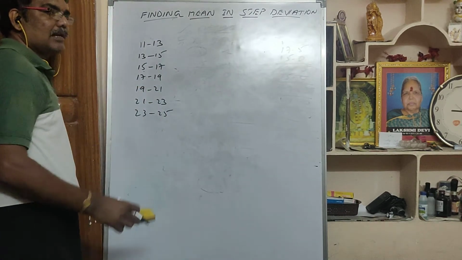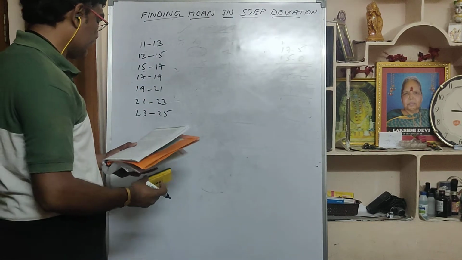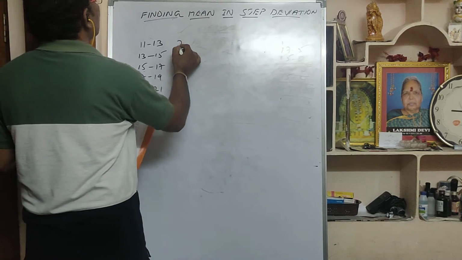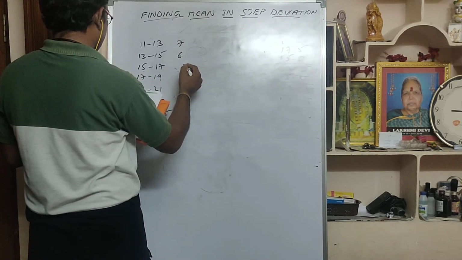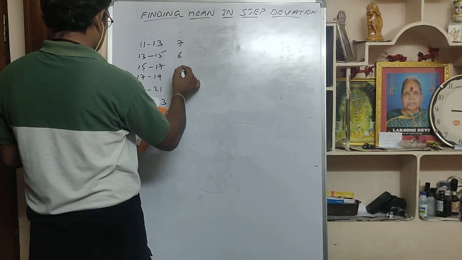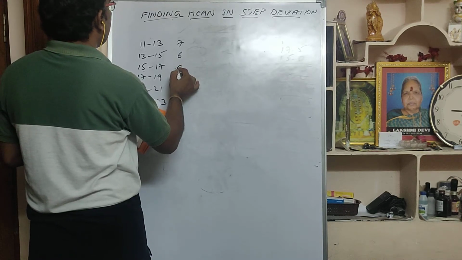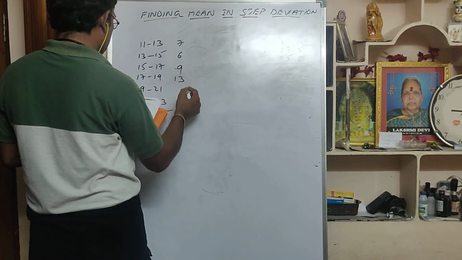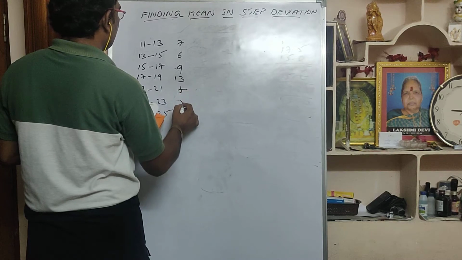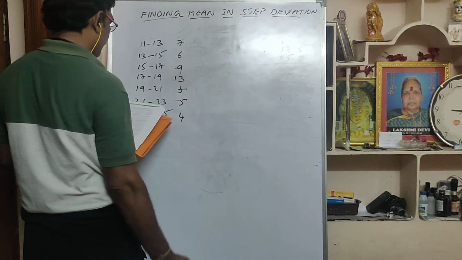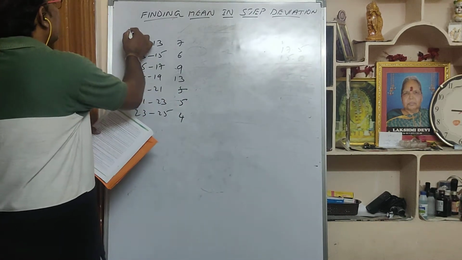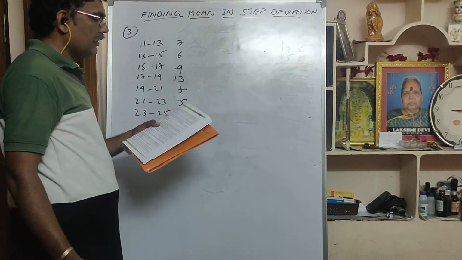It is the class. Next, the frequency we will see: 7, 6, 9, 13, f, 5, 4. It is the third problem. Okay.